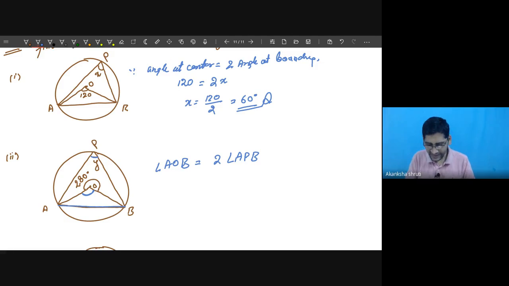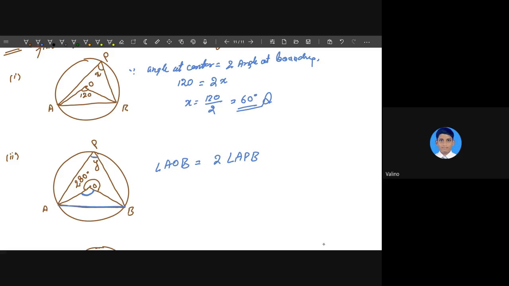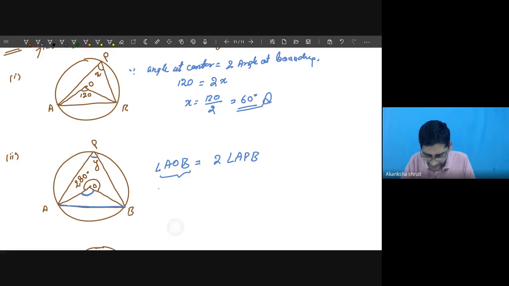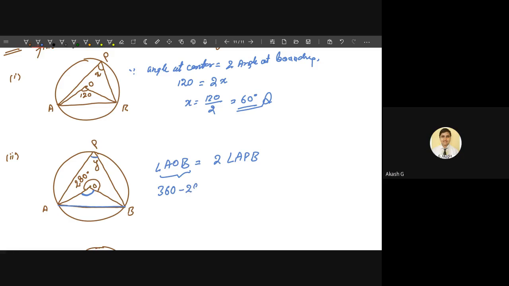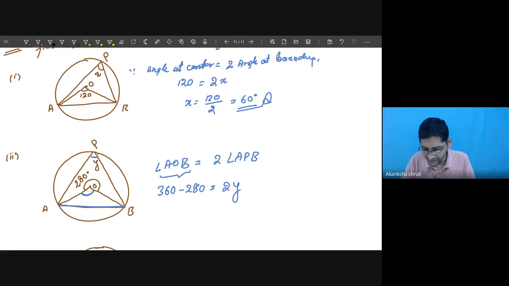Angle APB means the angle at the center. So the angle at the center is not 280, but how much will it be? It will be 360 minus 280, so this can be calculated by 360 minus angle AOB.